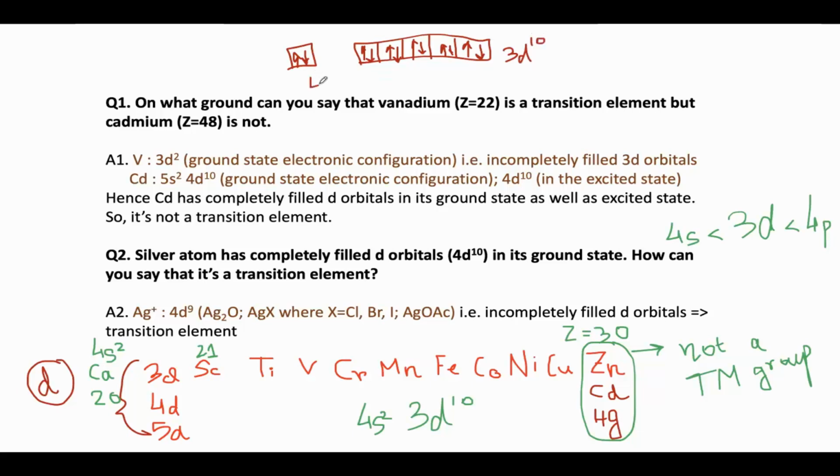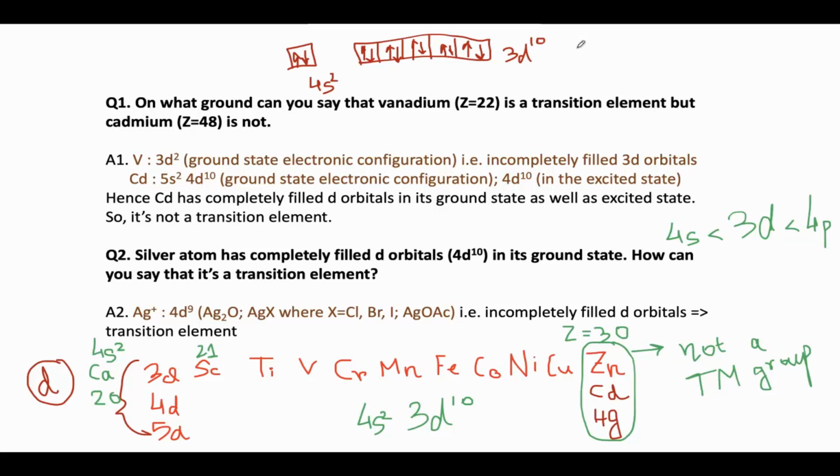So this is 4s2, all the electrons are paired up, and this is d10, so all the electrons are paired up. That's why the zinc atom has all the electrons in the paired form, and also no orbital is vacant. So there is no incompletely filled 3d orbital, because all the 3d orbitals are fully filled.